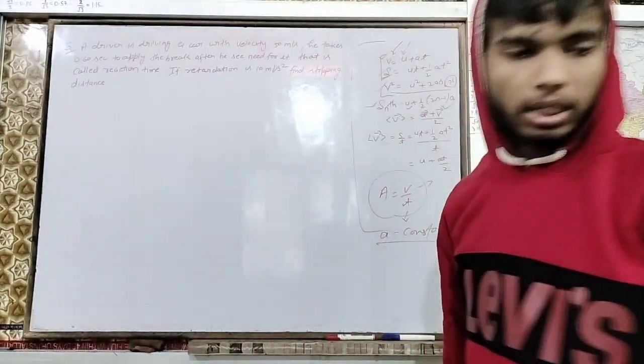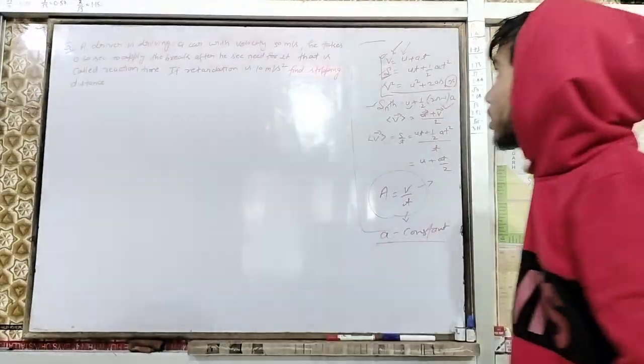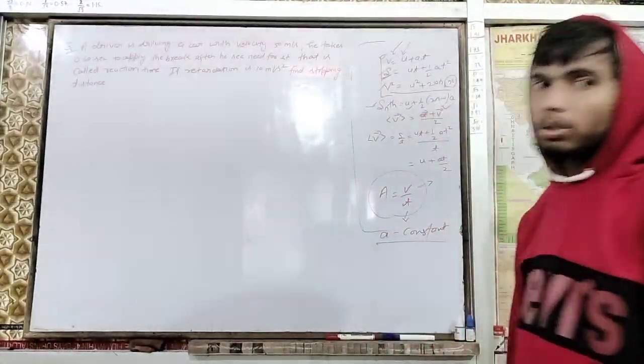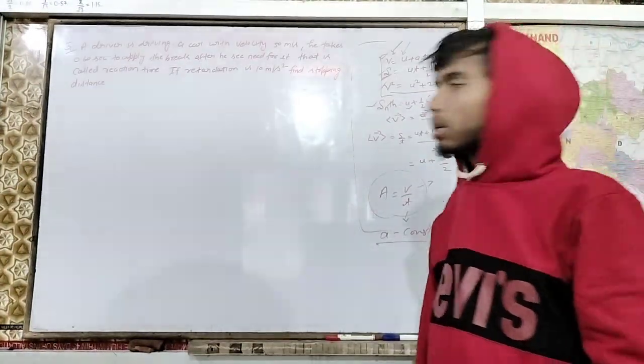A driver is driving a car. There is a driver who is driving a car with a velocity of 50 meter per second. With this much velocity, that driver is driving that car.